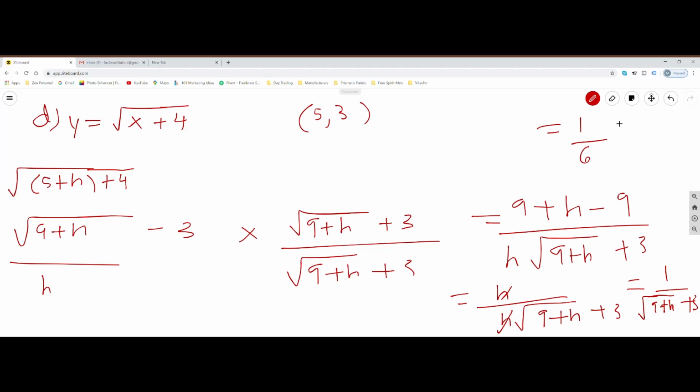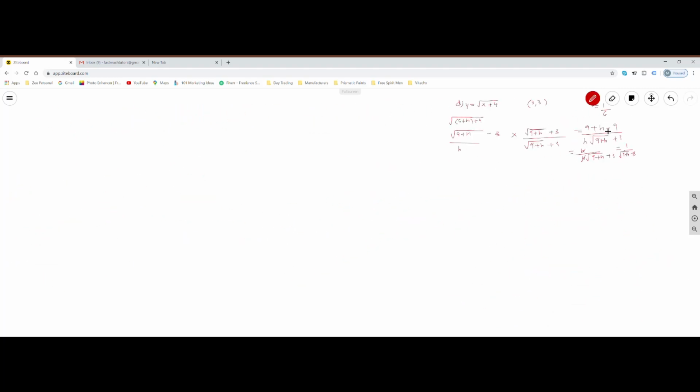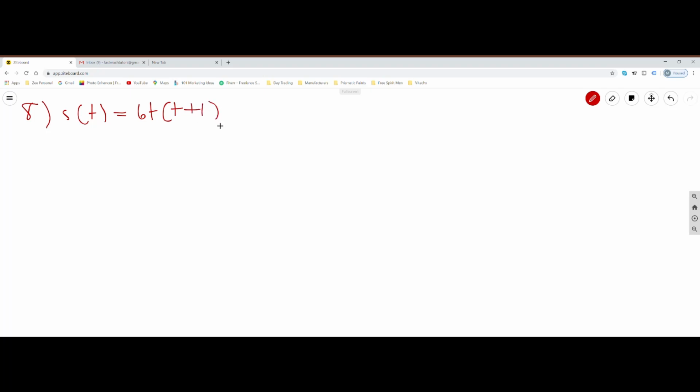So now let's look at question 8, which is s(t) equals 6t(t plus 1).